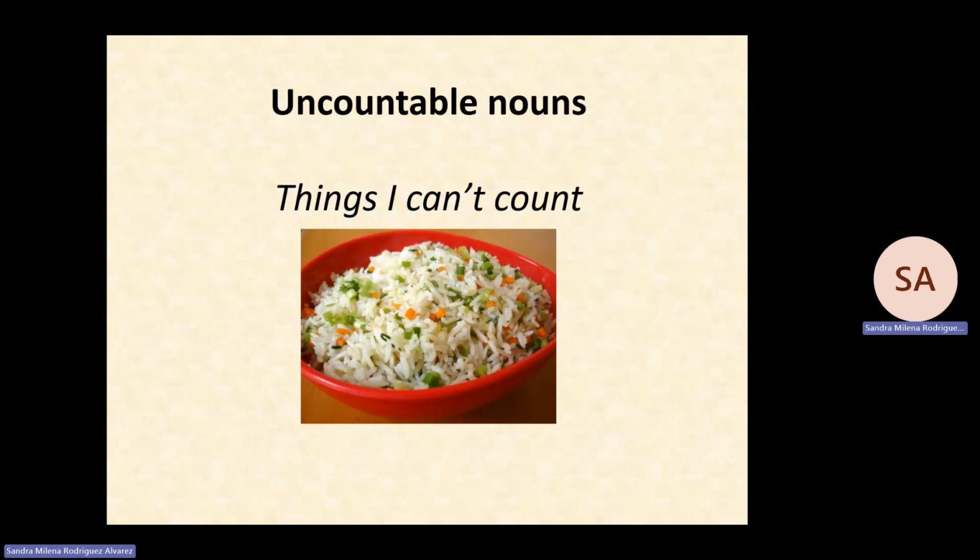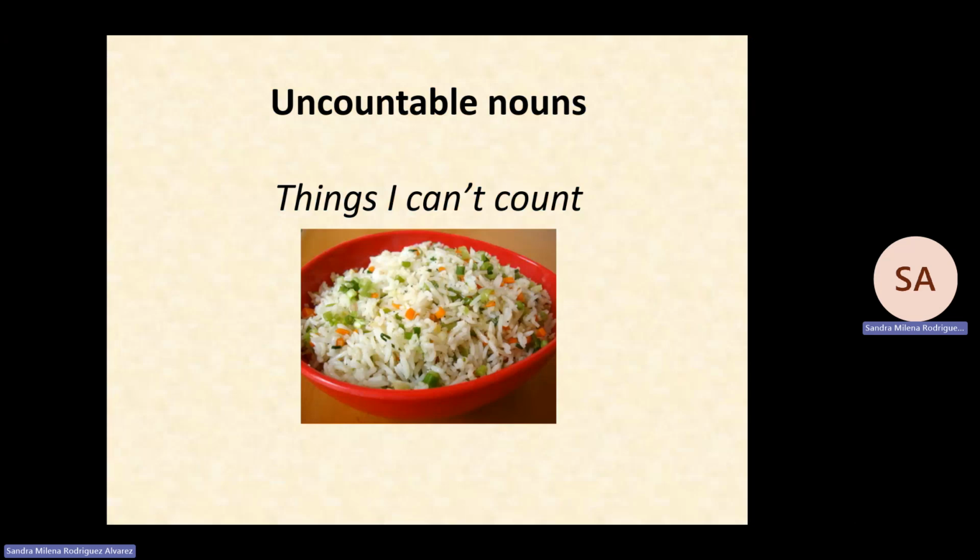And it's better for me to measure them. For example, I don't say, I need 1,000 grains of sugar. I need a pound of sugar or a kilo of sugar. Another thing that I can't count are, for example, the semi-solids like cakes, ice cream, like pizza, like bread.